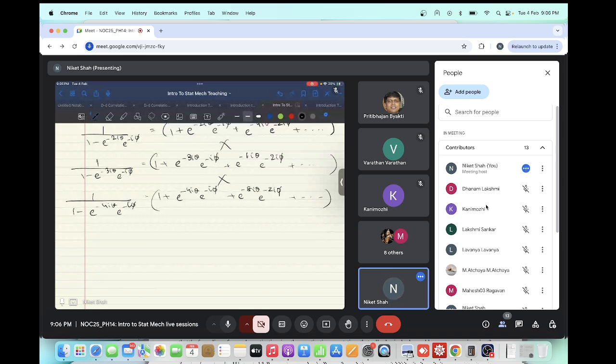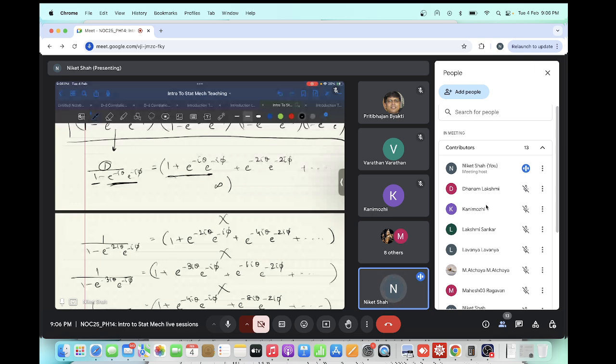So 1 plus e raised to power minus 2 I theta e raised to power minus I phi plus e raised to power minus 4 I theta e raised to power minus 2 I phi plus e raised to power minus 3 I theta e raised to power minus 2 I phi.